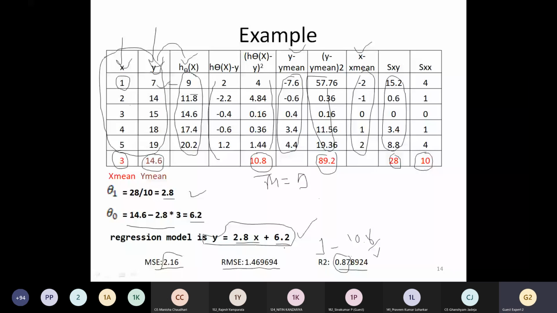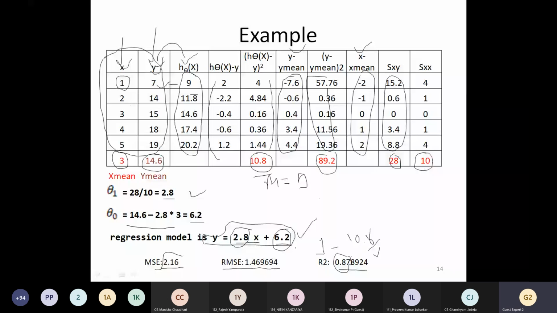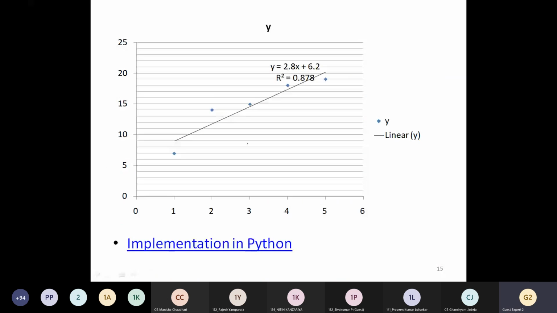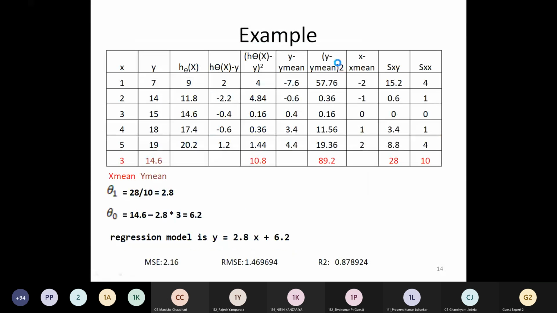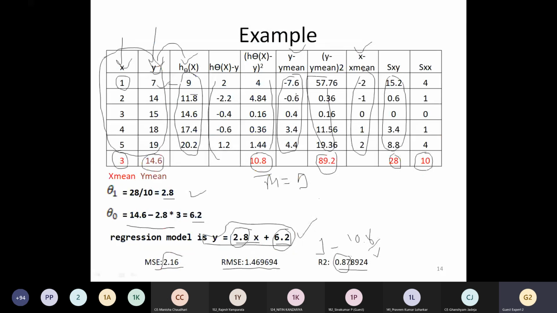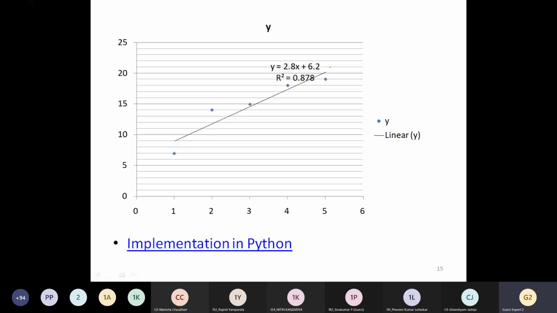What is the equation of line? mx plus c, the slope of your line, and theta 0 is the y intercept. So if you look here, this line 2.8x plus 6.2 is drawn as a black line here.